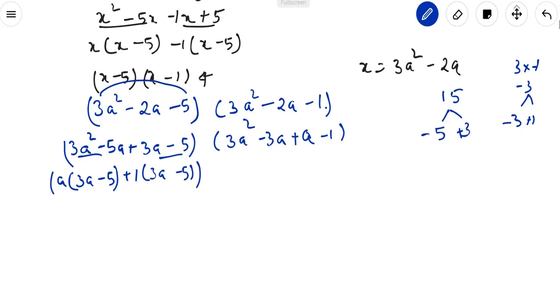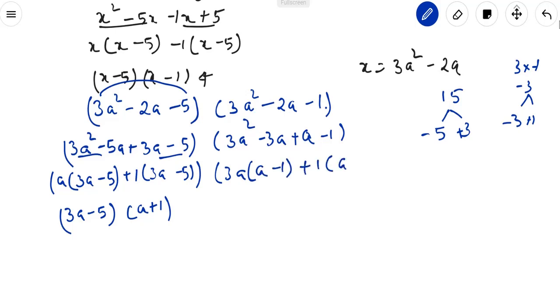So here I will write what is common. 3a minus 5 is one common value, and one more value is a plus 5. In this, if I group, what can I take common here? Yes, 3a I can take common here. So this becomes a minus 1 plus 1 times a minus 1.